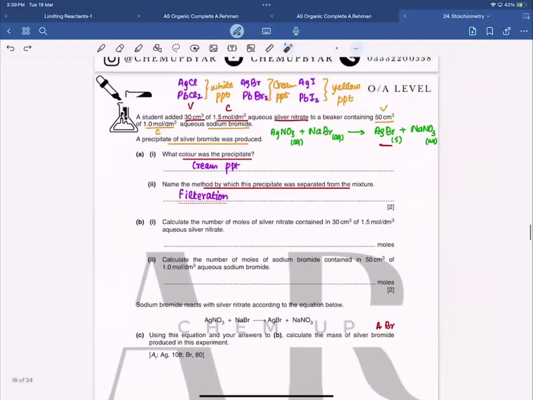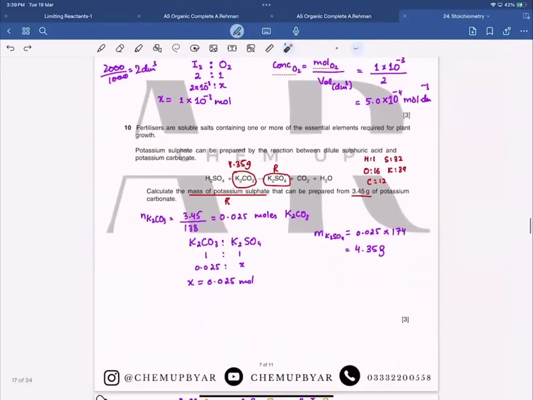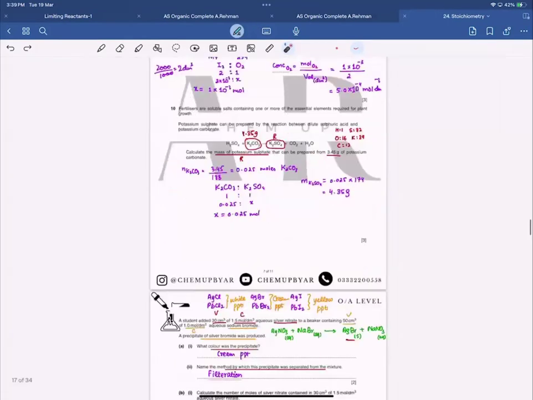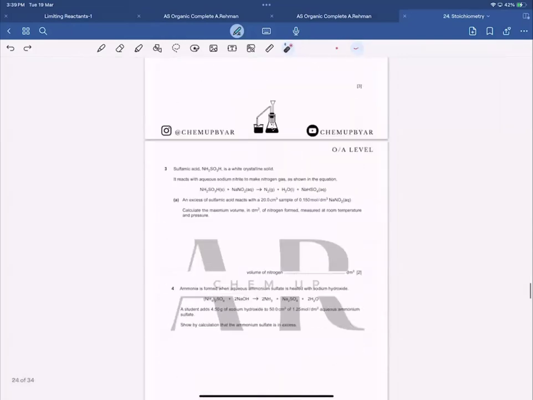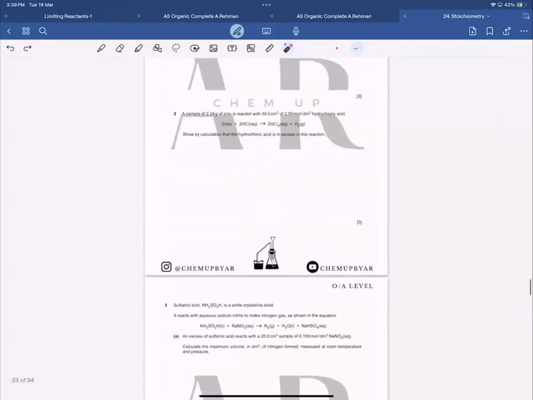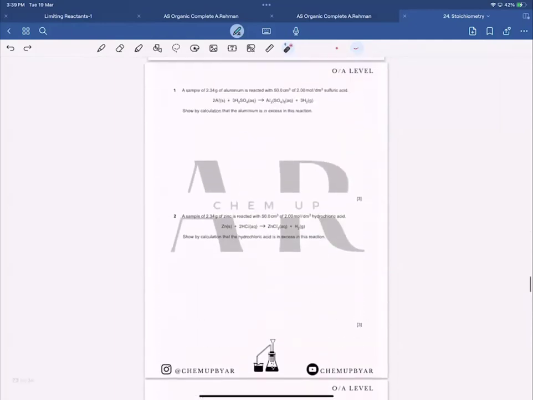So, have a look over here. How many reactants are there? 2. And they have given you the amount of only one reactant. Right? So, whenever there is a question for a limiting reactant, they will provide you the amount of both the reactants in the question.